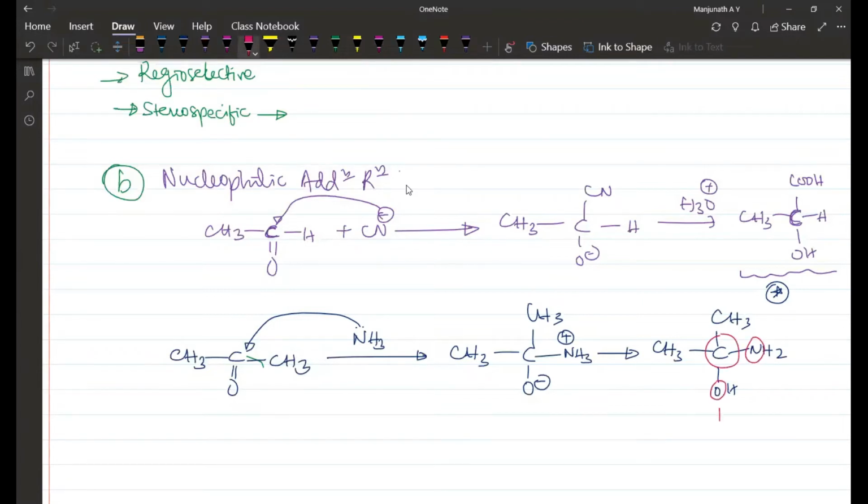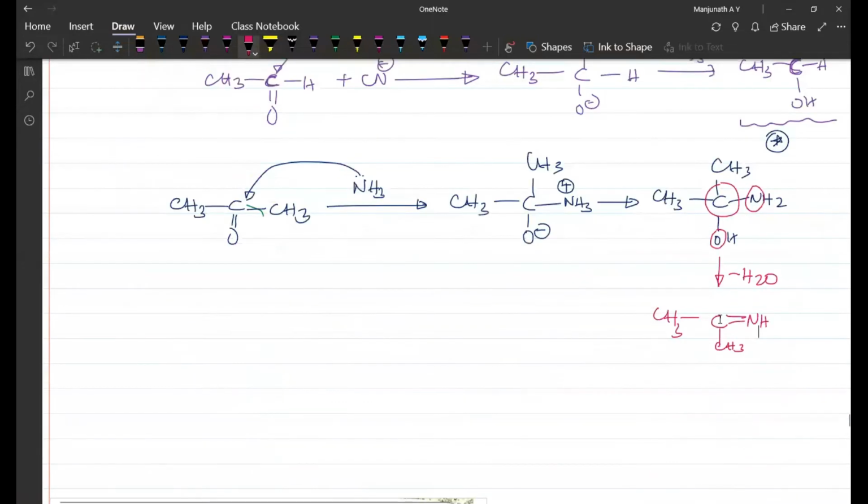Okay, this is the symptom of a molecule which can easily undergo condensation. So this can easily undergo condensation and remove a water molecule. So that will result in formation of CH3 double bond NH. You see, removal of water gives rise to an imine. So this type of reaction also we have seen. This is called nucleophilic addition elimination.